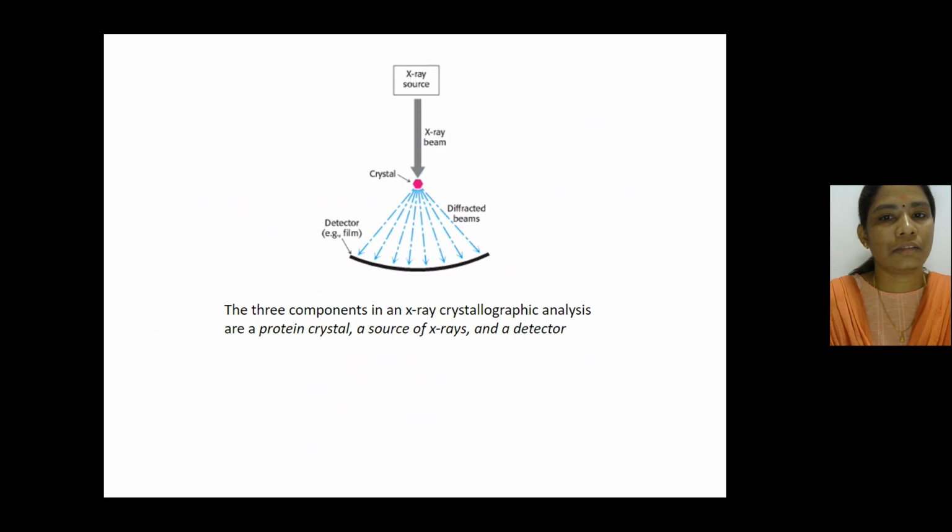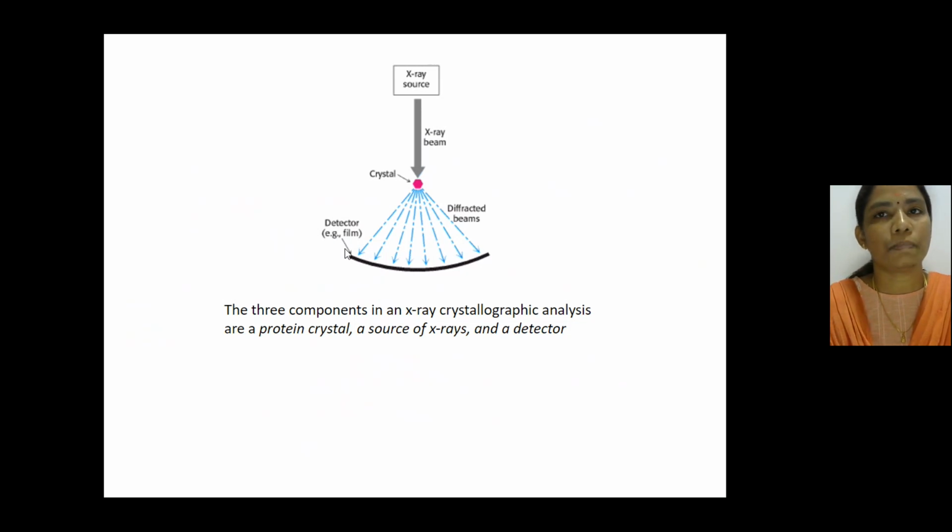This is a simple picture which gives you an idea of how the X-ray beams are passed to the crystal. When the X-ray beam is passed, the electrons in the crystal diffract the rays, and the pattern is collected by the detector.